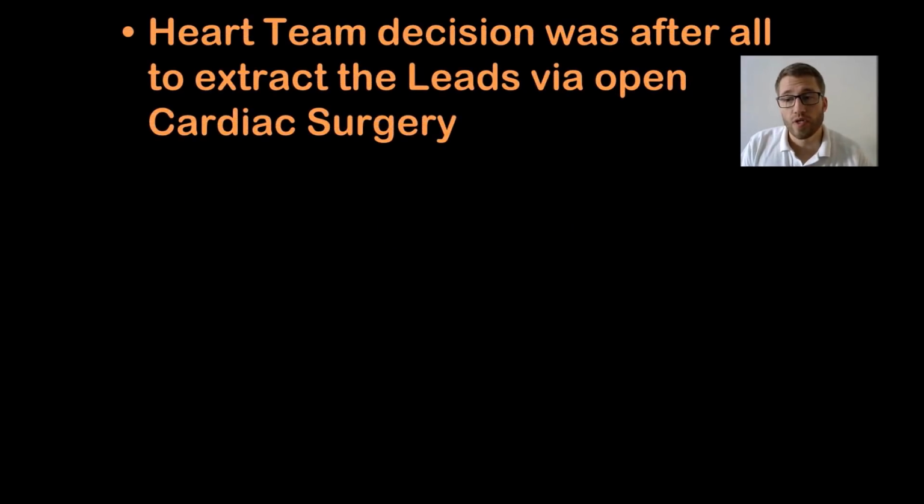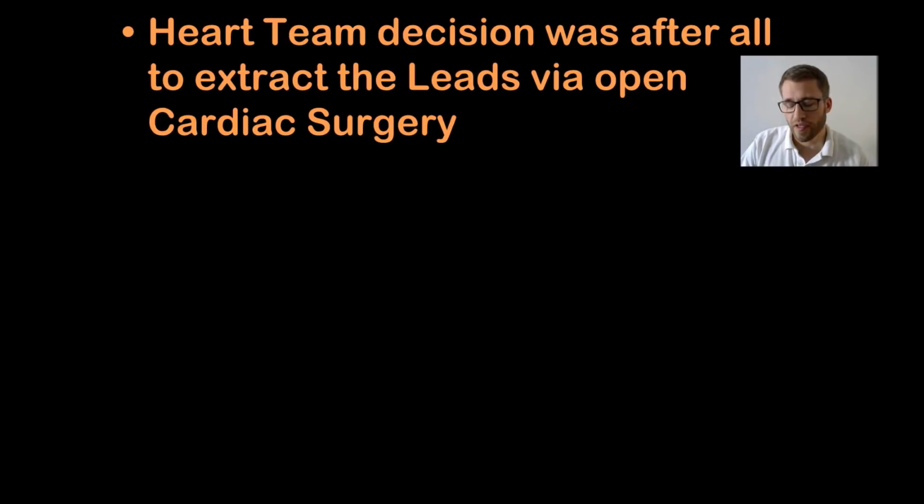So, what was done then by the colleagues? The heart team's decision was after all to extract the leads via open cardiac surgery, because of the risk that if you just pull the leads out over the superior vena cava and the subclavian vein, there is a very high risk of losing the structure on the leads.